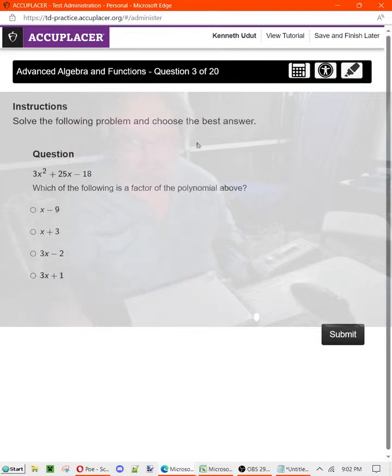Is that how it works? If I take the square root of 25x, right? I get 5 times the square root of x, right? No. That's not right at all.